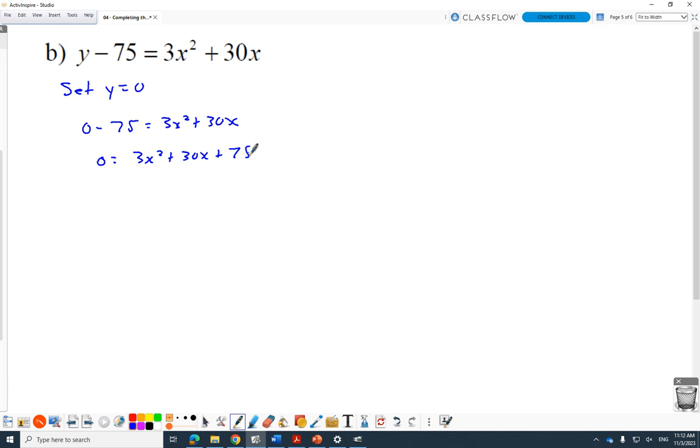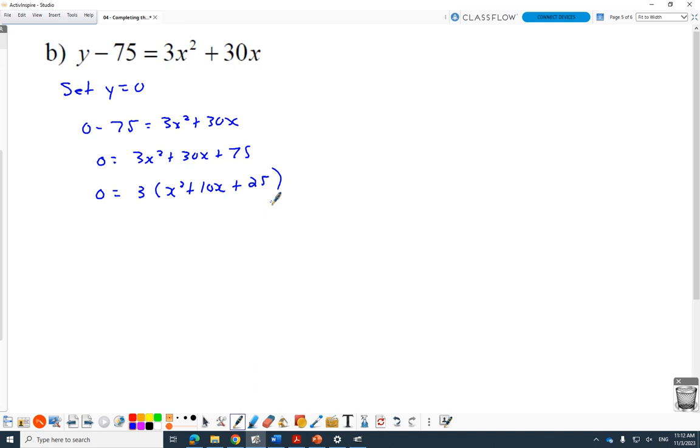What would you like to do next? Factor. Try to factor. You're sitting in front of the thing going, please factor. You know, a day ago you're like, I hate factoring, and now you're like, just let me factor it so I don't have to complete the square. So I'll try it. It has a common factor. Yeah? And then it's, are there two numbers that multiply to 25 and add to 10? 5 and 5.